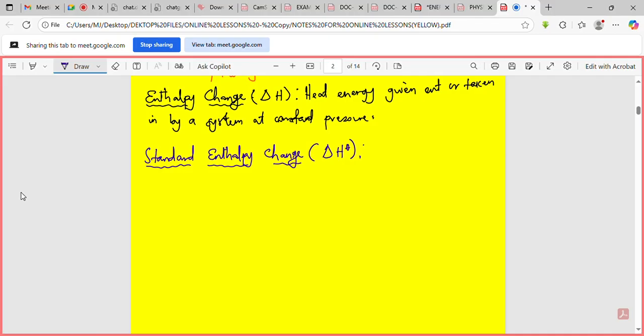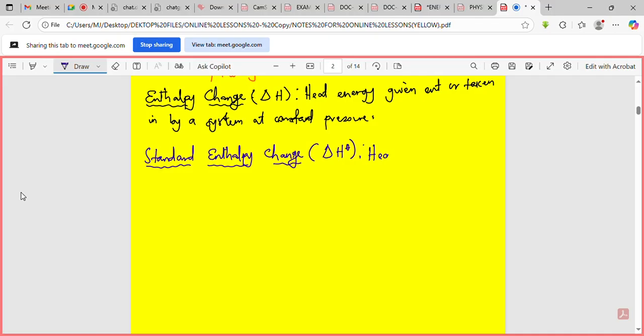So the definition of standard enthalpy change would be the same as enthalpy change, but with a little amendment. So what is that amendment going to be?